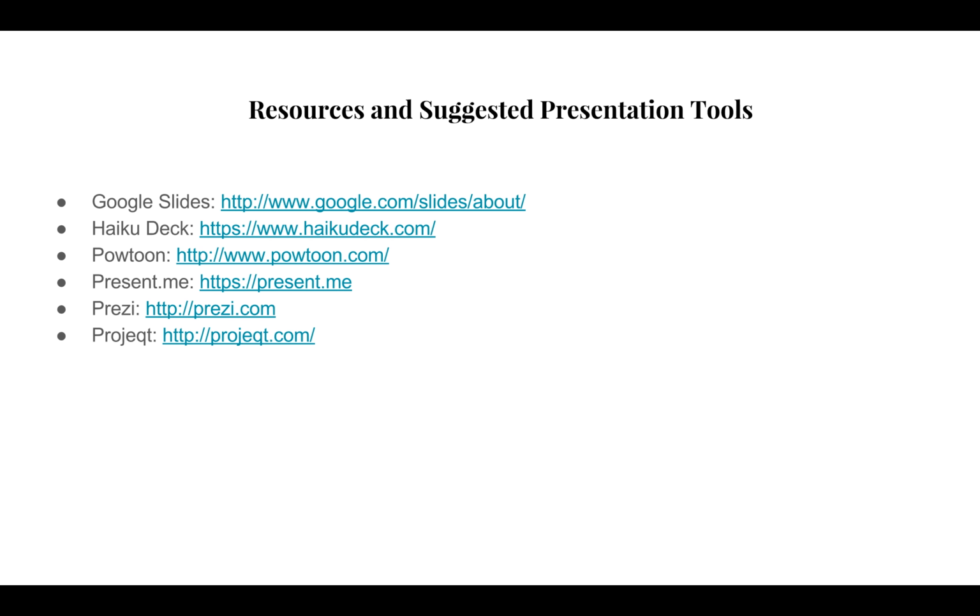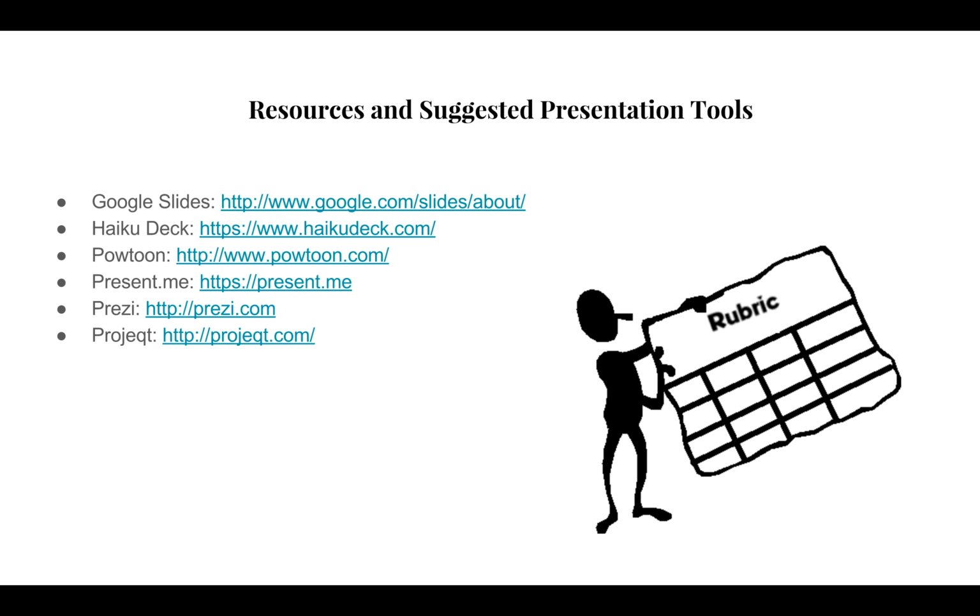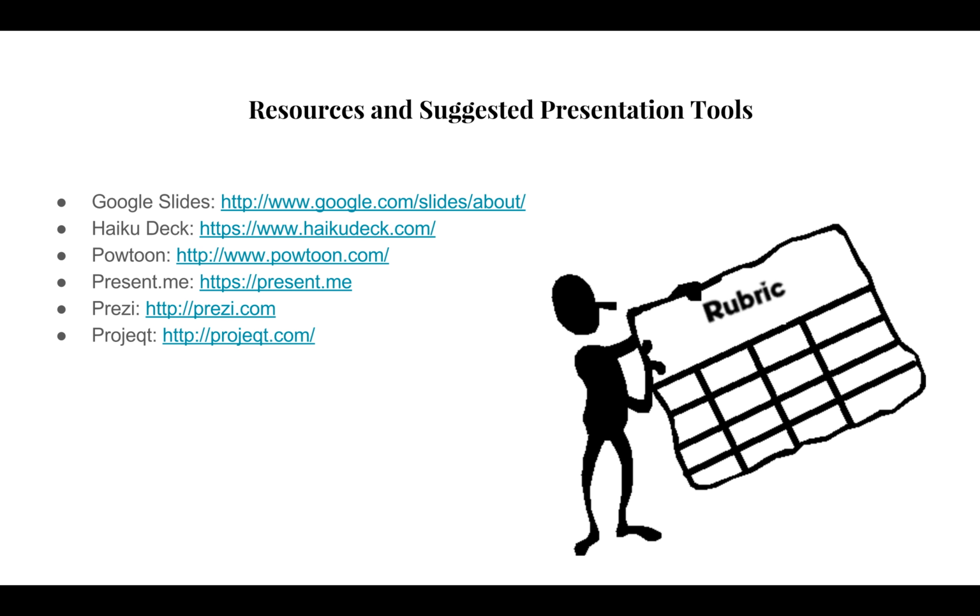Finally, I've given you a list of resources for presentation tools if you're interested in using those, and I also have the peer presentation rubric available as well. There is a Google presentation that I'll post, as well as this video, as well as the document called Presentation Guidelines.